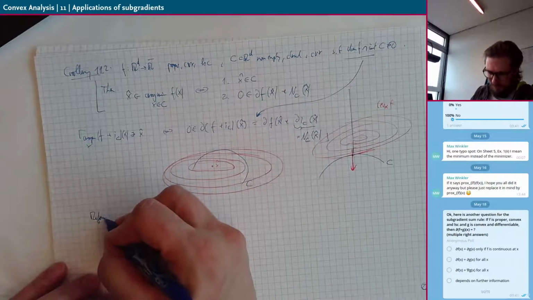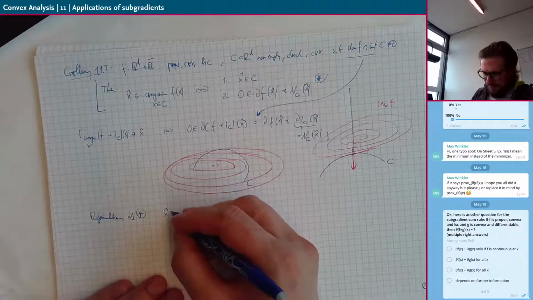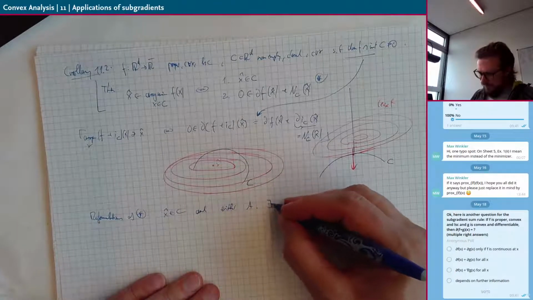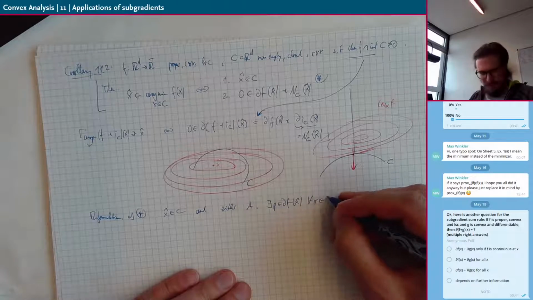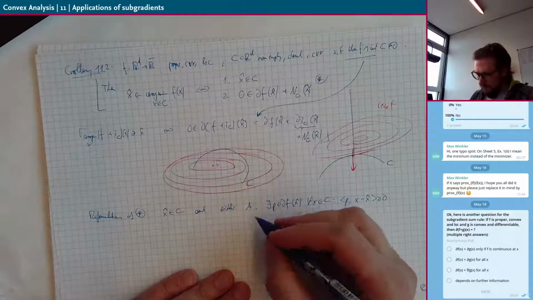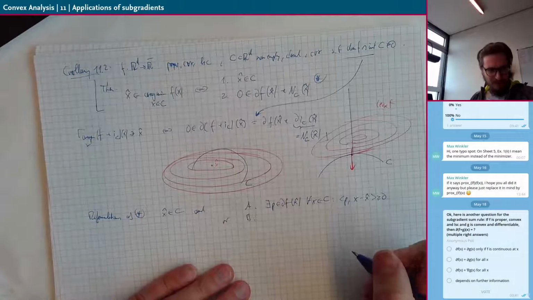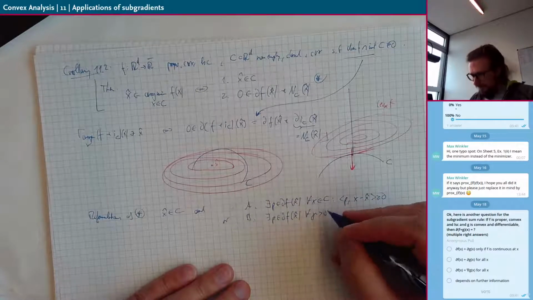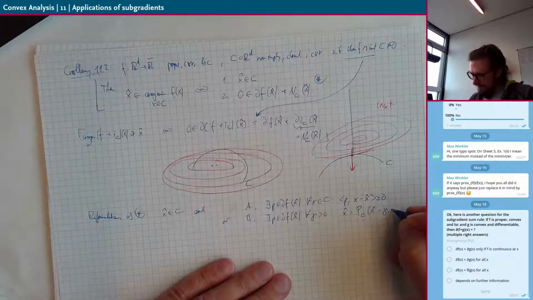So the reformulations of star would be: x hat is in C, and either condition A, which means there exists a subgradient p of F at the point x hat such that for all x in C the inner product of p with x minus x hat is non-negative, or condition B: there exists a subgradient p of F at the point x hat such that for all positive gamma it holds that x hat equals the projection onto C of x hat minus gamma times p.